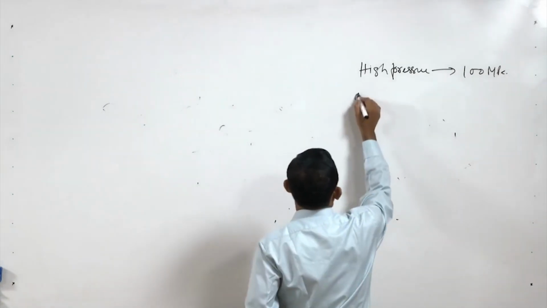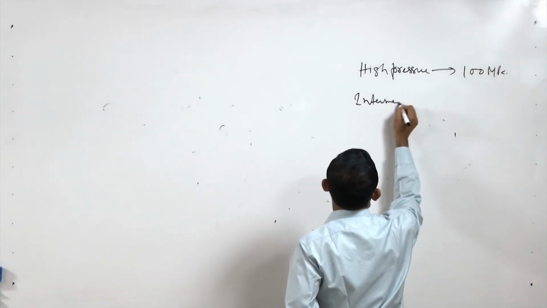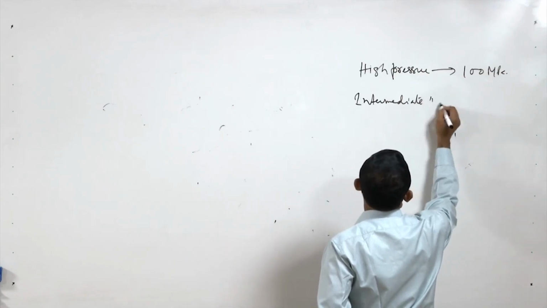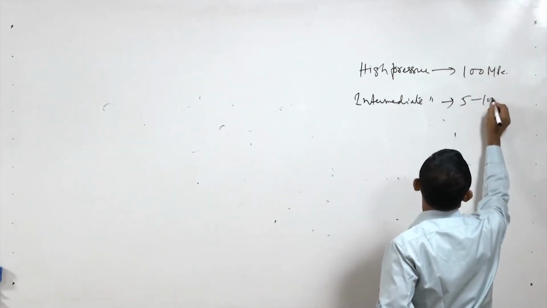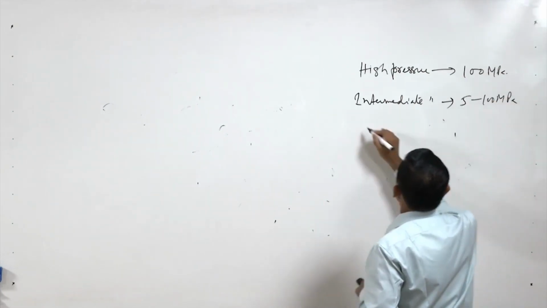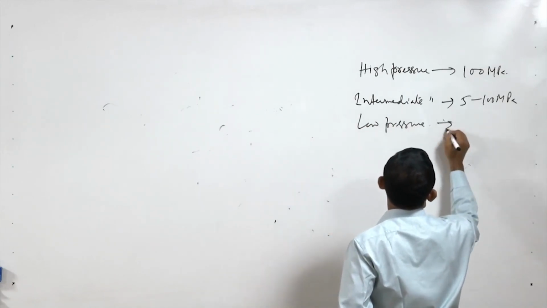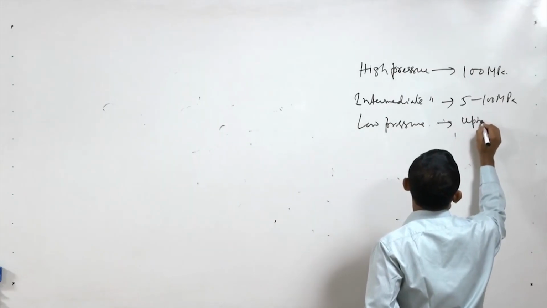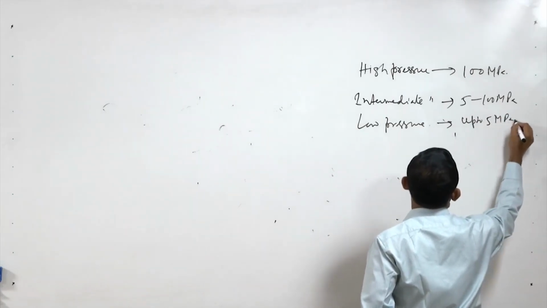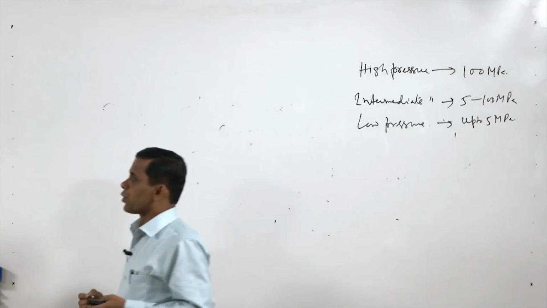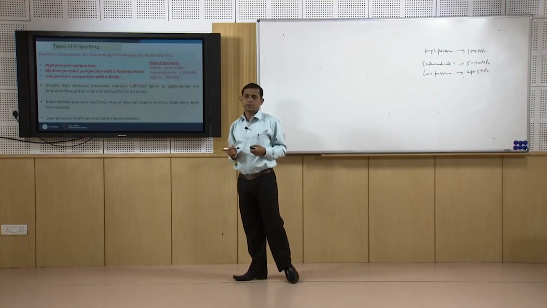Intermediate pressure, that is 5 to 100 megapascal, and low pressure, that is up to 5 megapascal. So, these are the three ranges of pressures.